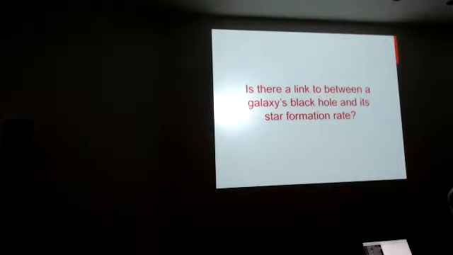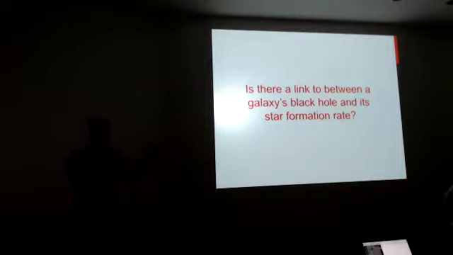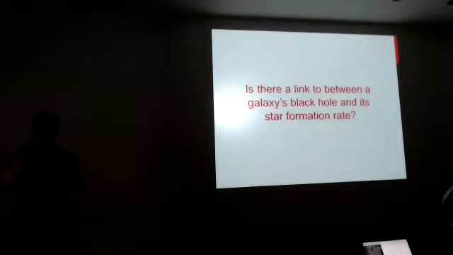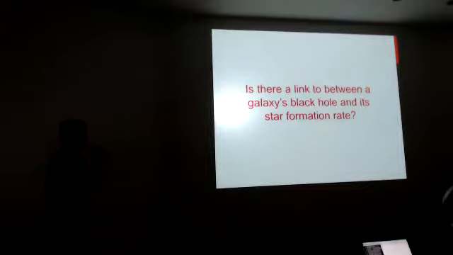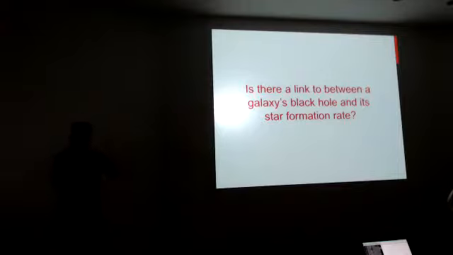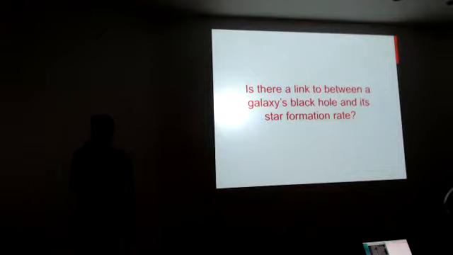So my question is, is there a link between the galaxy's black hole mass and the star formation rate? How do I attempt to answer this question? Well, I look at the physics. The physics is telling you that there must be a heating and a cooling, right? The heating from the black hole and the cooling from the galaxy's hot halo mass. And so I use 3 observable galaxy parameters in order to parameterize this and plot them against each other.